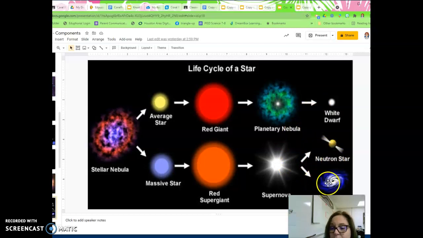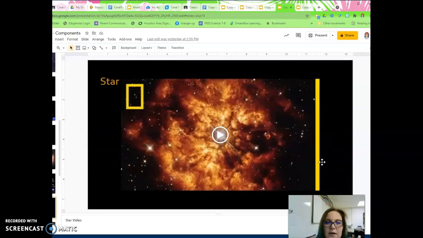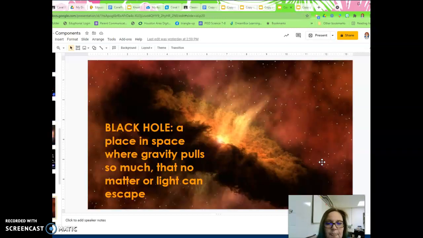The most massive stars will end up forming a black hole. If they are slightly less massive, they end up forming a neutron star, which can also be called a pulsar because they spin very, very fast and emit pulses of energy. So those are basically your paths that they can take based on their initial mass. And you have another video.